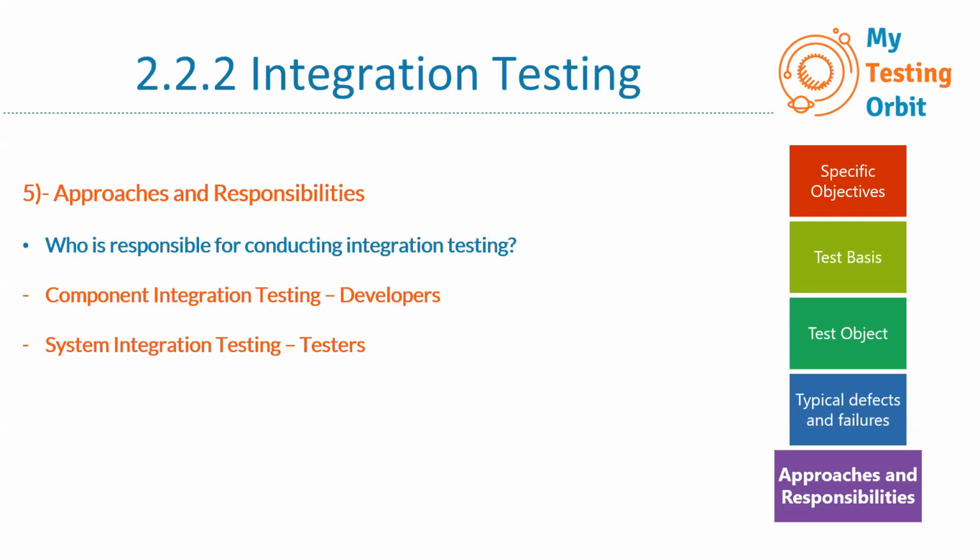Similarly, system integration testing is performed by testers, because it is performed either after system testing or during system testing, and system testing itself is performed by testers because that is a validation activity. So I hope this concept is clear, who is performing component integration testing and who is doing the system integration testing.